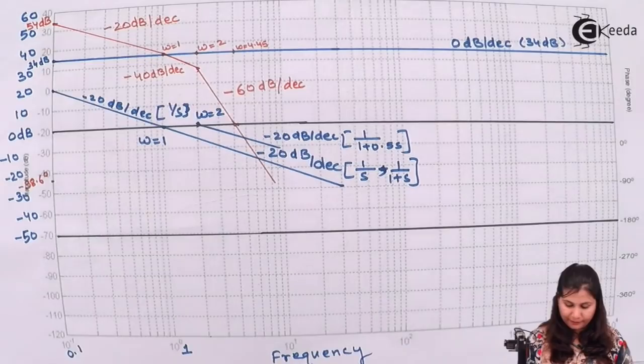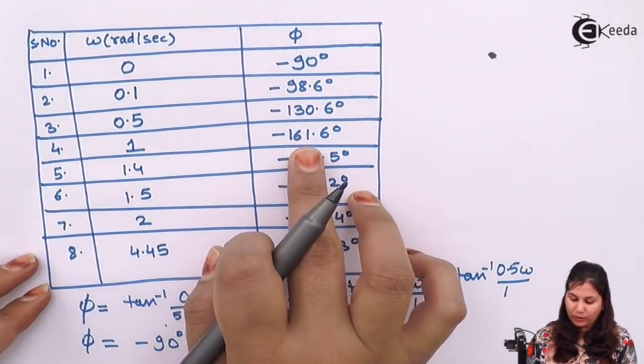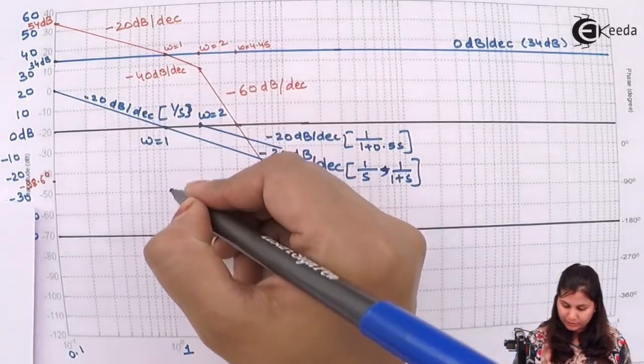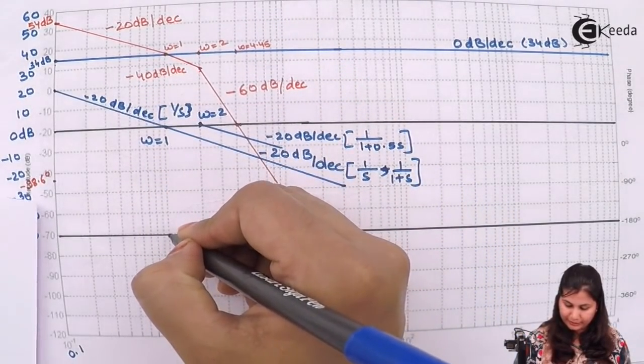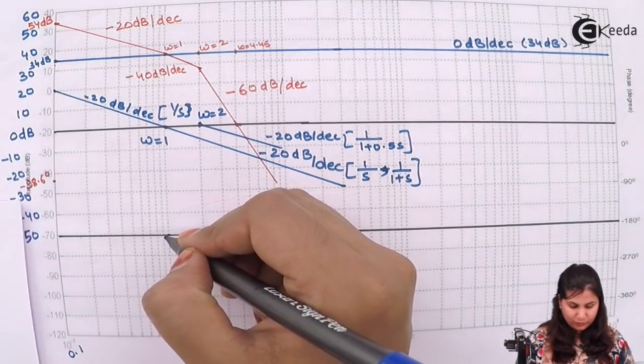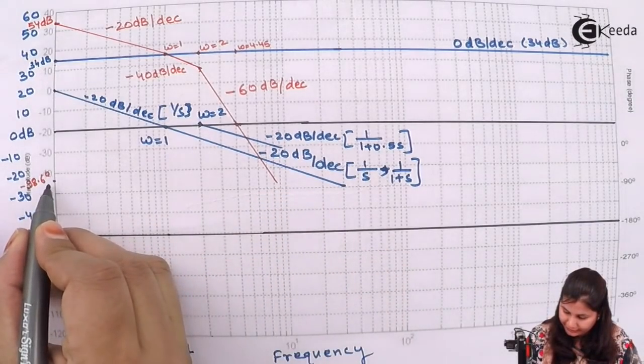So start from here. At omega equals to 1, the phase angle is minus 161.6 degrees. So this is the omega equals to 1 line, and at this the phase angle is minus 161.6 degrees.